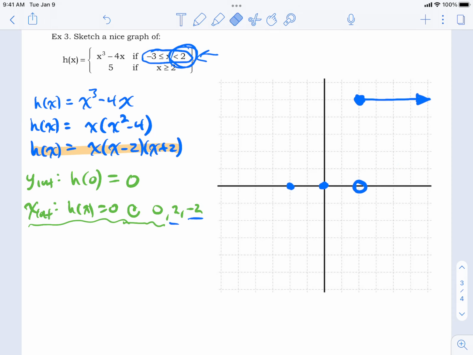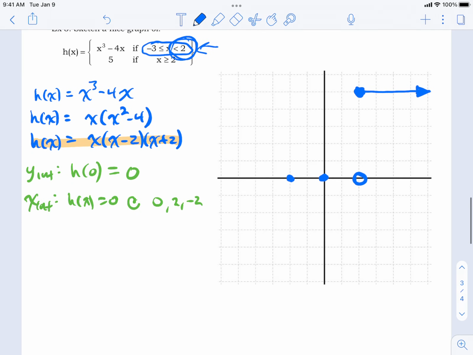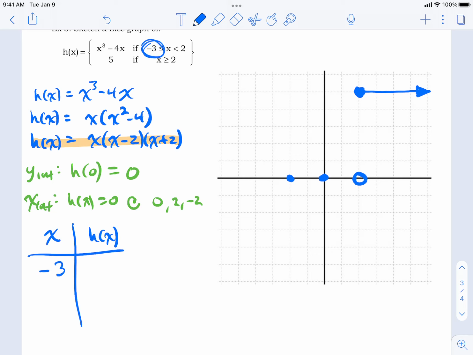Man, this thing is picky. Okay. All right. Now we should probably start doing our scratch and sniff to get some more points here. And looking up here, since the domain starts at negative 3, there's no reason to plug in anything less than negative 3.